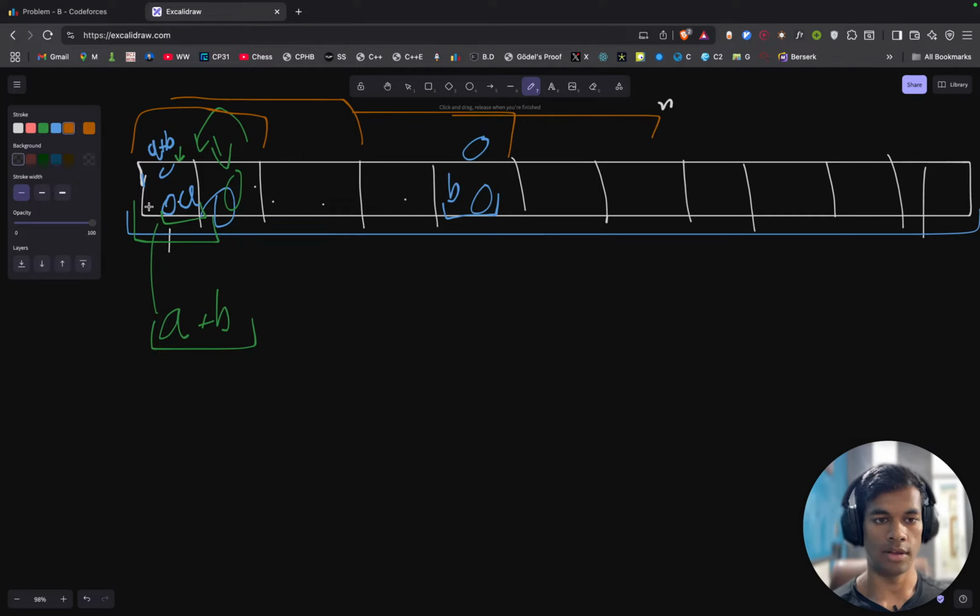So either I perform the operation or I don't. And if I'm going to perform the operation, I will perform it on the first and the second elements. So if I perform the operation, the answer would be a plus b, supposing a is the value of the first element and b is the value of the second element.